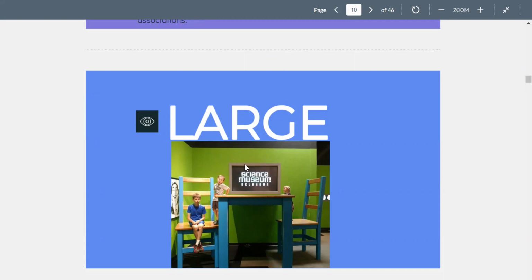See here, these children. When you see this one, you can see this table and chair is rather bigger for these children. So when you compare it to these children and the tables, what do you see, is it proportion that we are talking about, or the scale?